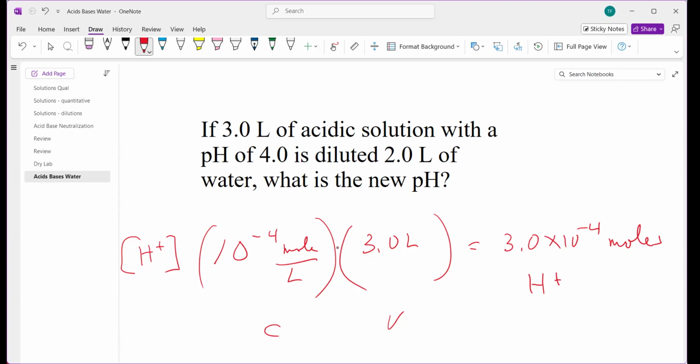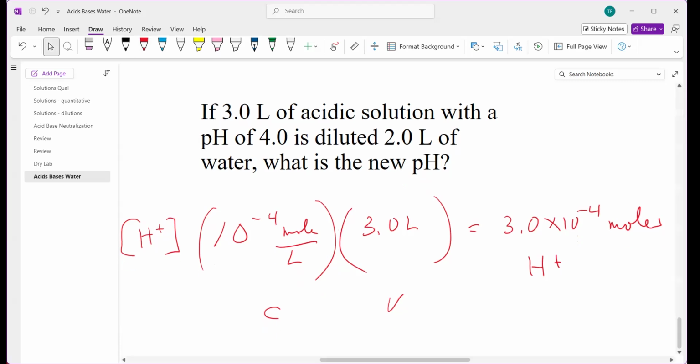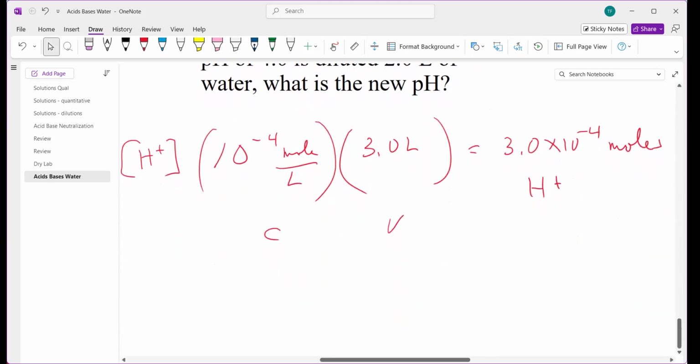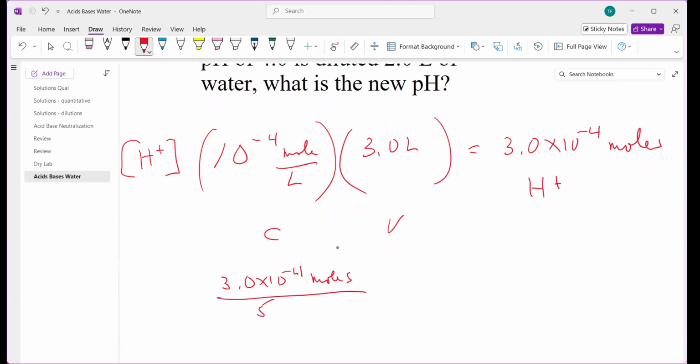Now we're going to dilute that water with 2 more liters. So our final volume is what? 5 liters. So what's our new concentration?